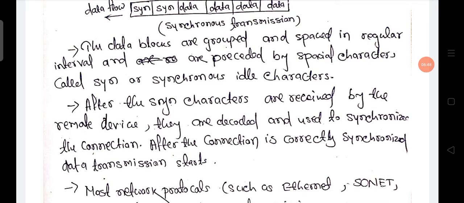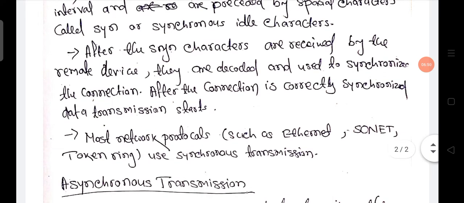Examples of synchronous transmission are Ethernet, SONET, and Token Ring. These three network protocols use synchronous transmission.